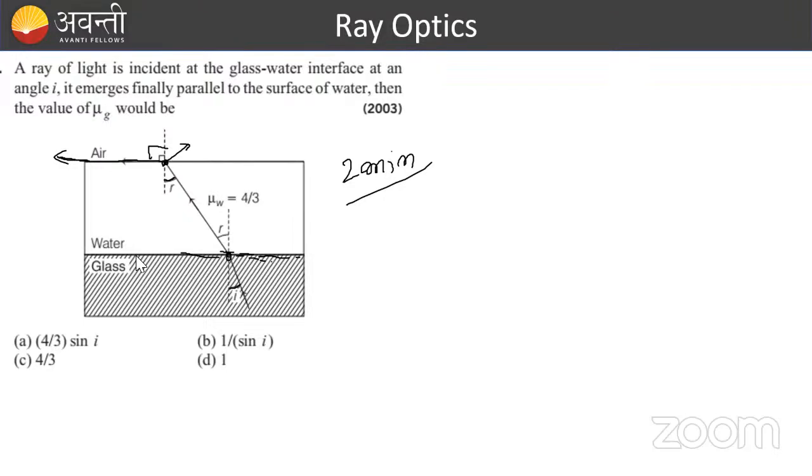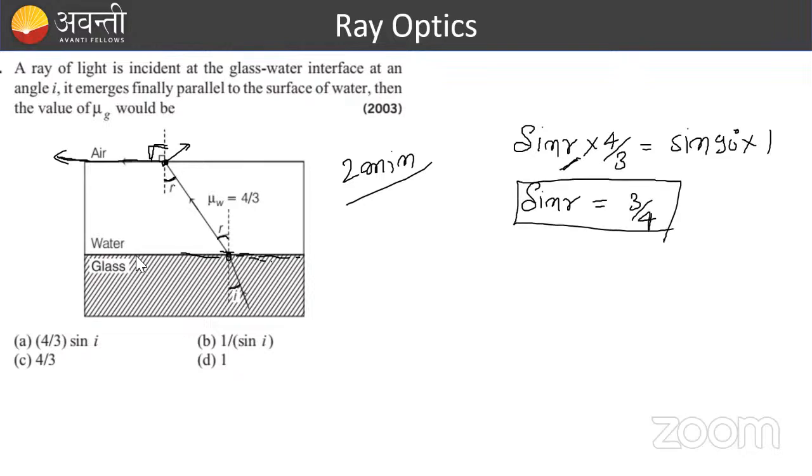Here the angle of incidence is R, so sine R into mu G, mu W, that is 4 by 3, will be equal to sine of the angle of refraction, that is 90 degrees, into 1. Why have I taken R here? Because here the angle of incidence is R. By vertically opposite angles, this R and this R are the same. So from here you can see sine R is equal to 3 by 4.